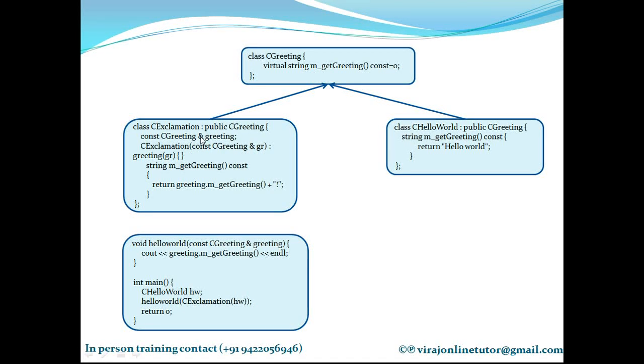So inheritance and container both of the same class. In the constructor, whatever greeting object I got as a parameter, I am setting it to this greeting object. And what does this getGreeting API do? getGreeting will call the getGreeting API of this greeting object, and to that it will append an exclamation sign. Isn't appending an exclamation sign adding behavior at runtime?